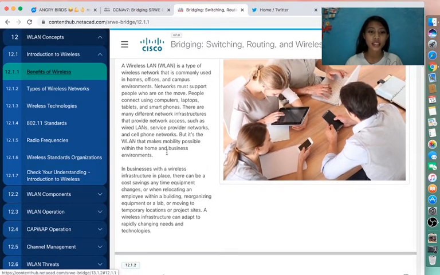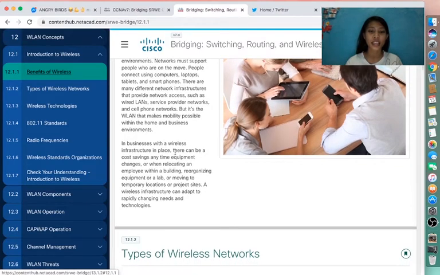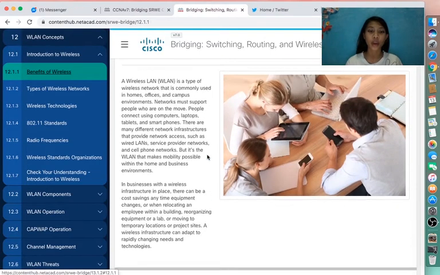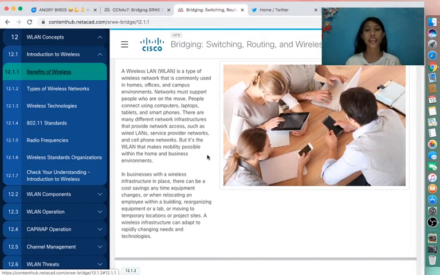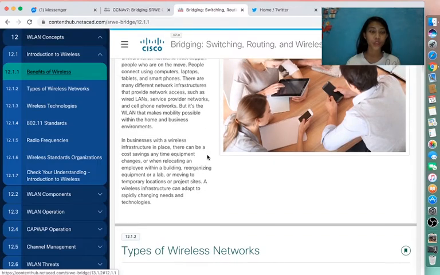With wireless, we can use our devices in our homes, in our offices, and even in our business environments.